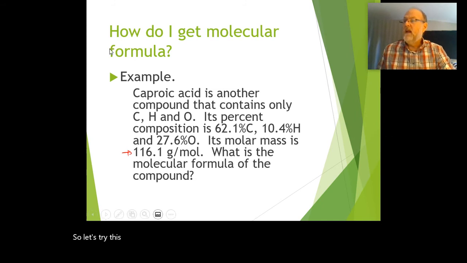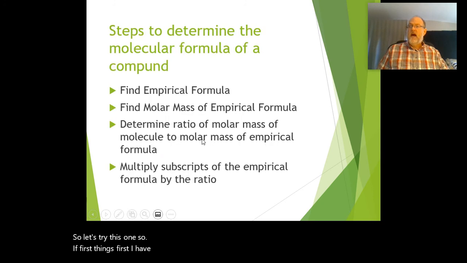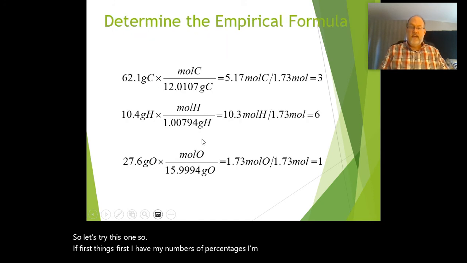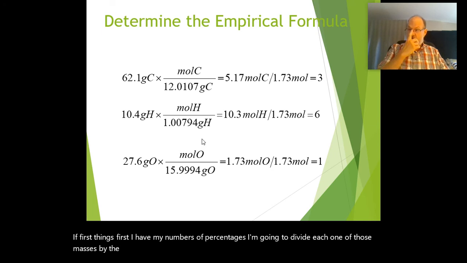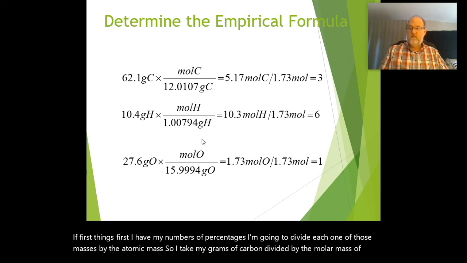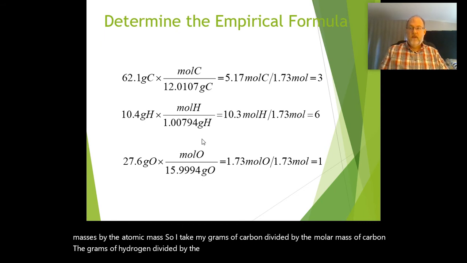First things first, I have my percentages, and I'm going to divide each one of those masses by the atomic mass. So I take my grams of carbon and divide it by the molar mass of carbon, the grams of hydrogen divided by the molar mass of hydrogen, and the mass of oxygen divided by the molar mass of oxygen.